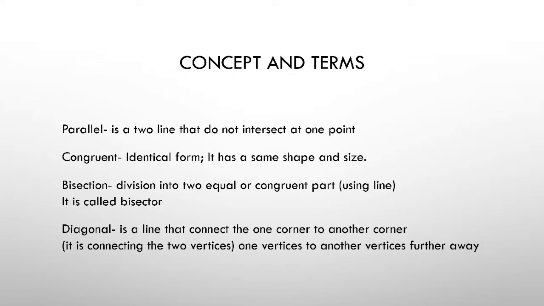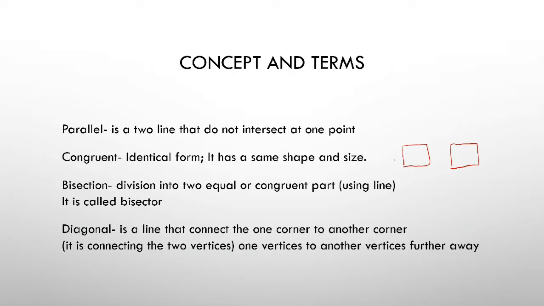Next is the congruent. When we say congruent, it means identical form. Identical form means it has the same shape and same size. It means that however big our square is, the other square should be just as big. So again, they have the same shape and also the same size.